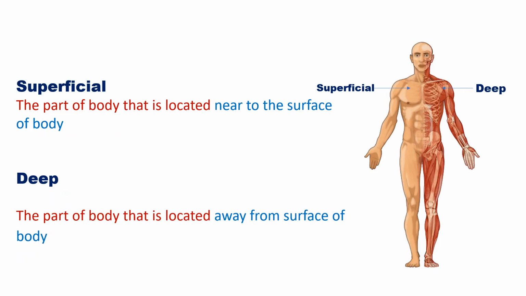Next are superficial and deep directional terms. As their names indicate, superficial is considered when a body part is located near to the surface of the body, and deep direction is considered when a body part is located away from the surface of the body.